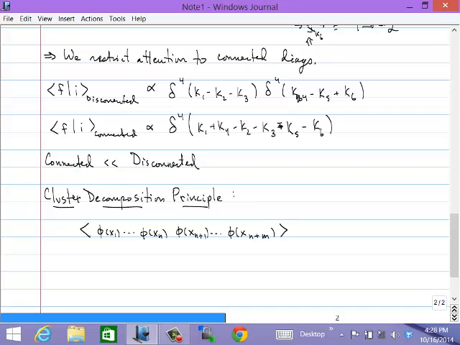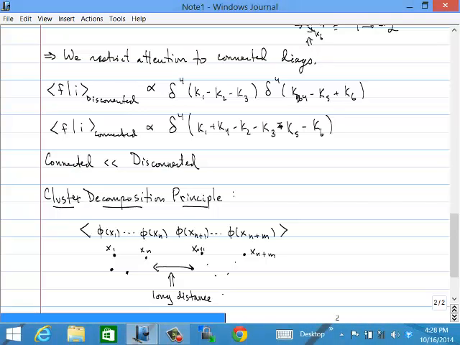And let's imagine that all of the x1 up to xn are close together, and the xn plus 1 up to xn plus m are all close together. But this first set of x's is widely separated from the second set of x's. So there's some long distance between them, or there could also be some long time.